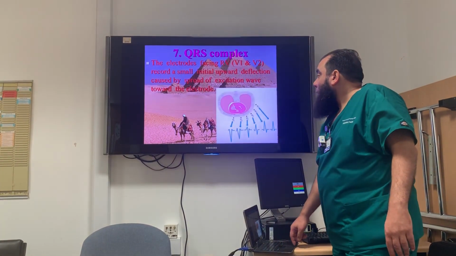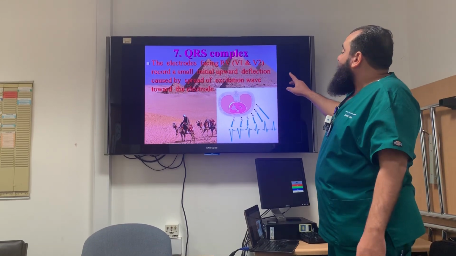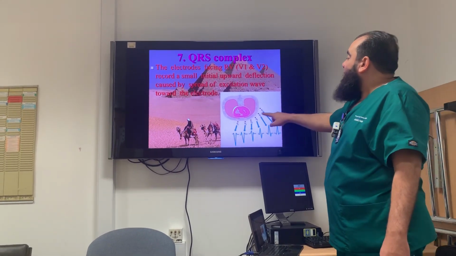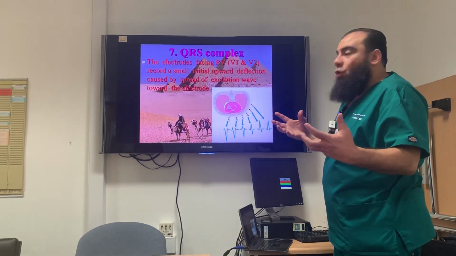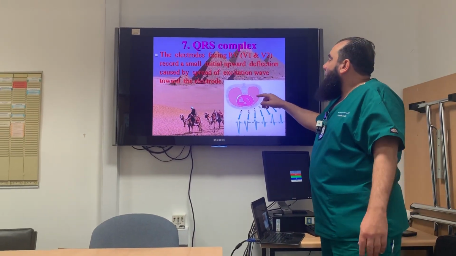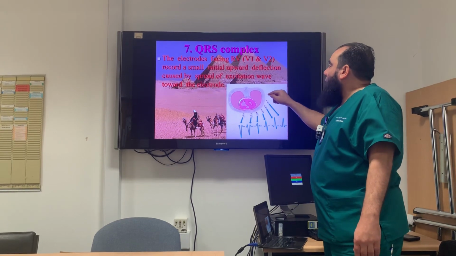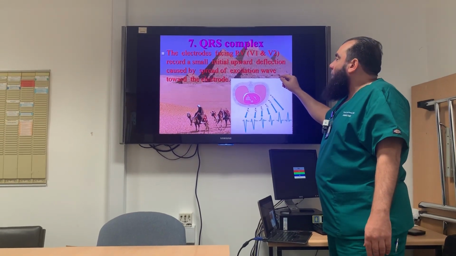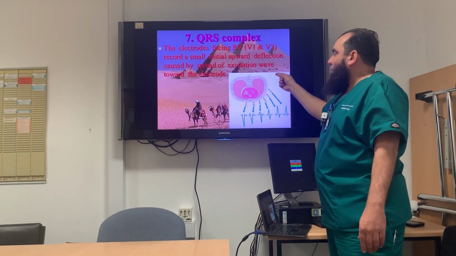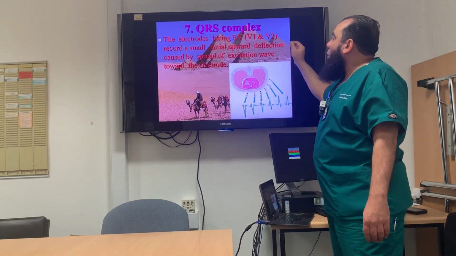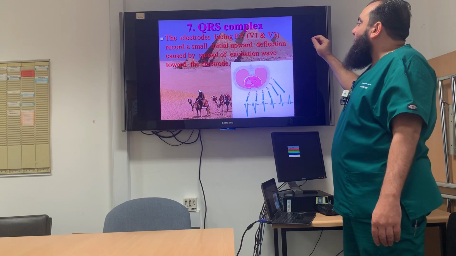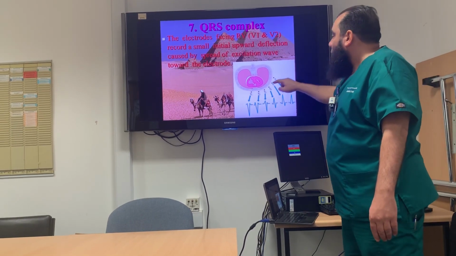The electrodes facing the right ventricle are V1 and V2. What do they show normally? They show an initial upward deflection, which is a small R wave. Where does it come from? It is a small upward deflection caused by the spread of the excitation wave towards the electrode.